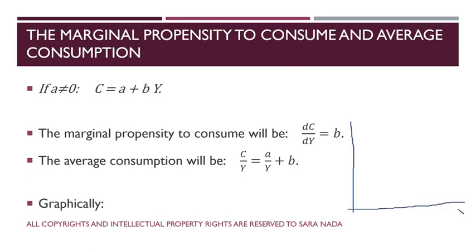We have national output or national income on the x-axis, and we have the consumption on the y-axis. This time we will not draw the consumption function starting from 0. Why? Because we have a positive intercept. So as we drew the consumption function before, it will be starting from a positive value, and this consumption function is upward sloping.